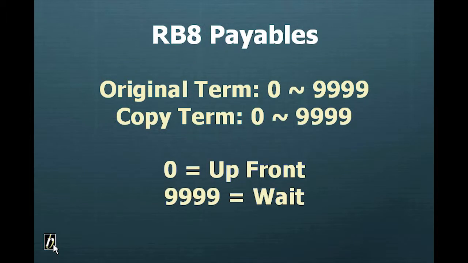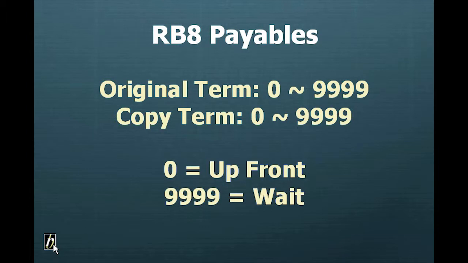If you put in 0, that indicates it is upfront or guaranteed. 9999, on the other hand, indicates this is the wait, which means that you wait until the invoice is paid by the client before you pay the resource.